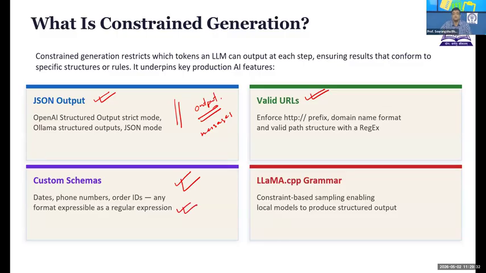You may want constraint generation based on a grammar, so either it can be a DFA, or it can be a context-free grammar. You want to generate the output using a certain grammar. These are some of the use cases where you want to do constrained generation.